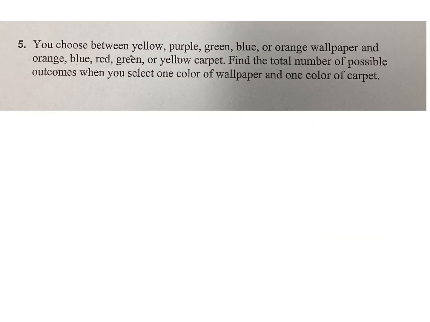All right. Number 5. You choose between yellow, purple, green, blue, orange wallpaper and orange, blue, red, green, yellow carpet. Okay, so we got wallpaper and carpet. And we want to find the total number of possible outcomes when you select one wallpaper and one carpet.